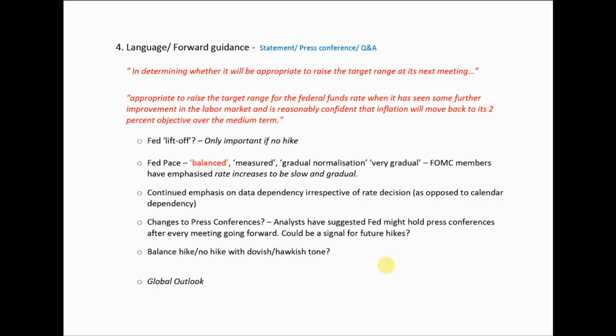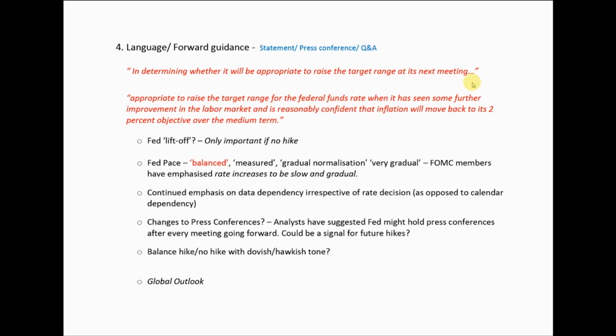Then the language and forward guidance, where will we get indicators of this? Well, in the statement, in the press conference, and in the Q&A. So in the last statement in October, obviously in October there was only a statement, there was no press conference, they said in determining whether it will be appropriate to raise the target range at its next meeting, and the real focus was at its next meeting.